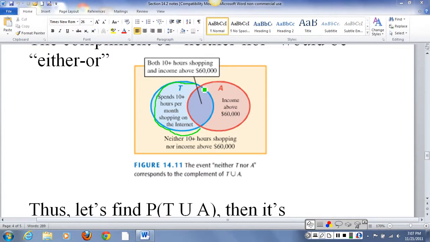For the same reason, we wouldn't include everything inside this circle, because even in that sliver, in this particular section I'm partitioning off, everyone in there has an income above 60,000. So that's why we're avoiding not only the middle of these two intersections, of these two Venn diagrams, but each individual Venn diagram itself. We're only interested in the universal part outside of it, if you remember back from your chapter 2.